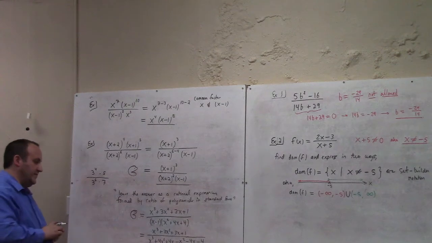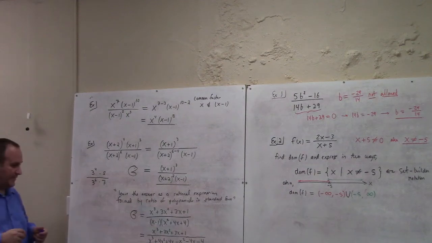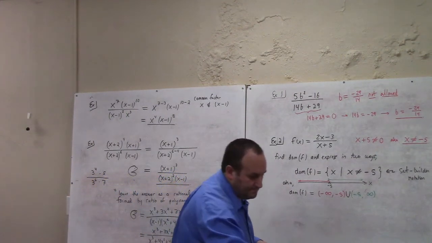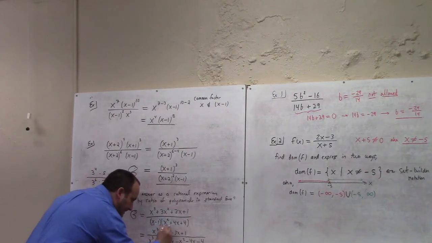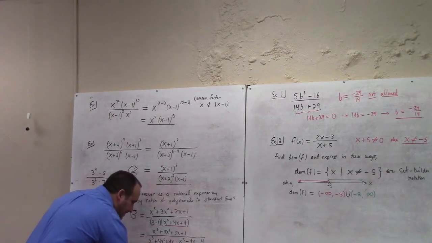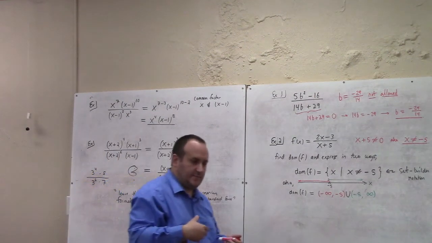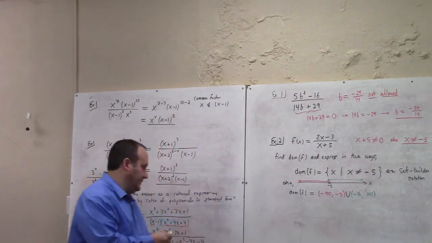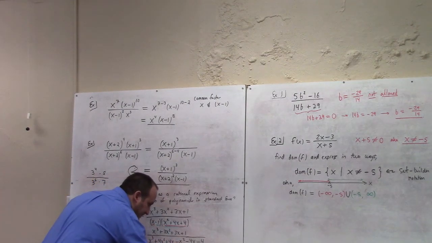I used the distributive property. X times x squared plus 4x plus 4 gave me what I'm about to underline in red. And the minus 1 times that gave me all this.